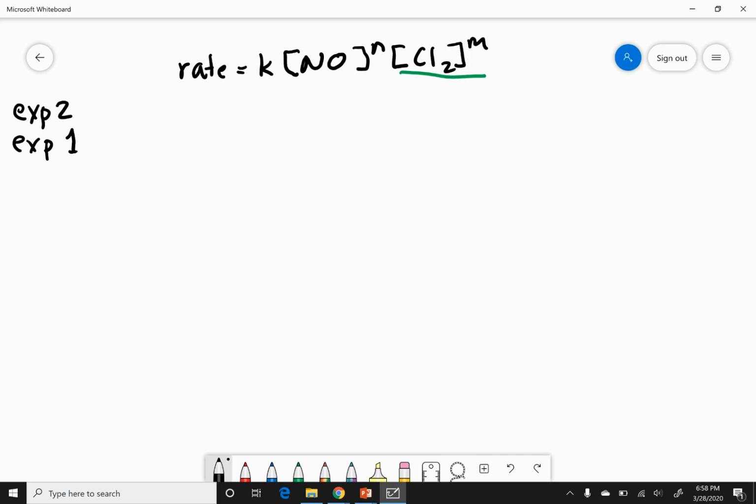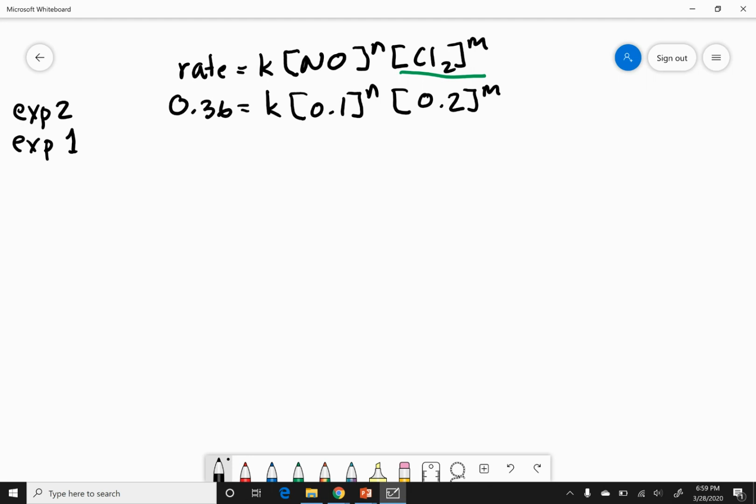I'm going to write down all the information here. My rate for experiment 2, 0.36. I have my rate constant, and now I'm going to put in my concentration. So this is 0.1 raised to the nth power. Now I put in my Cl concentration, and I see that my Cl concentration is 0.2 raised to the nth power.